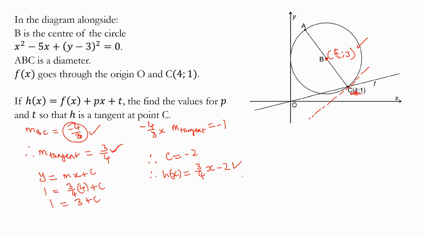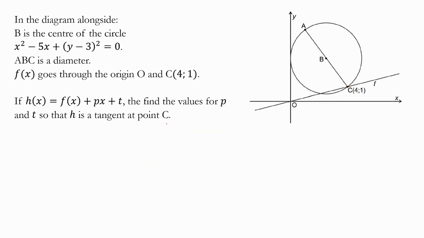Right, let's continue. We have the equation of the tangent, but now we are told, let's start by filling what we have: the equation of the tangent h of x is equal to 3 over 4 x minus 2. But now we're told that this h of x is equal to f of x plus px minus 2.